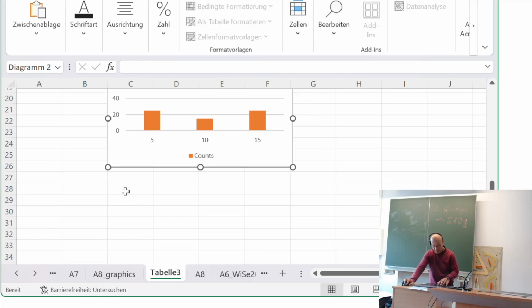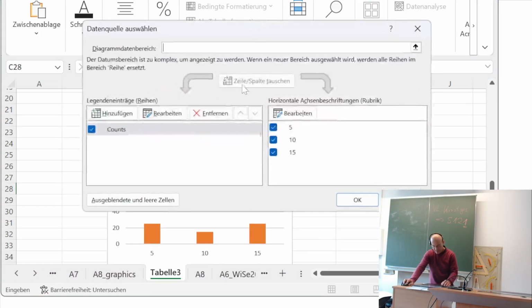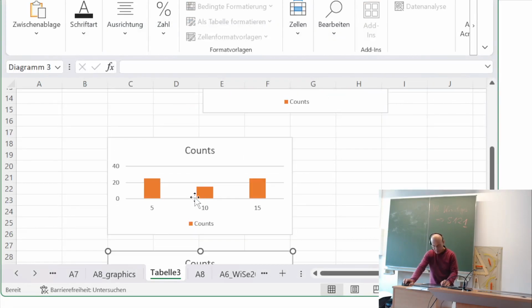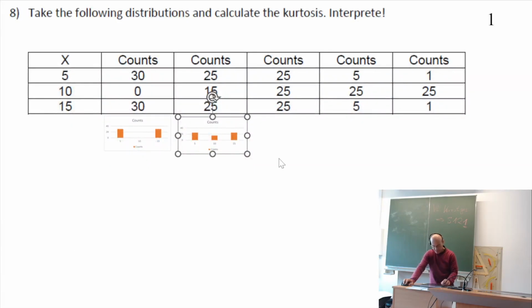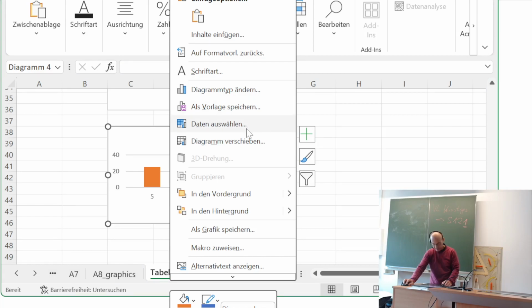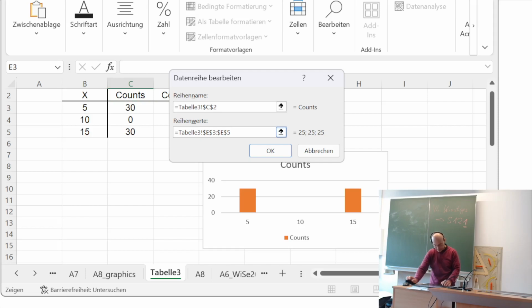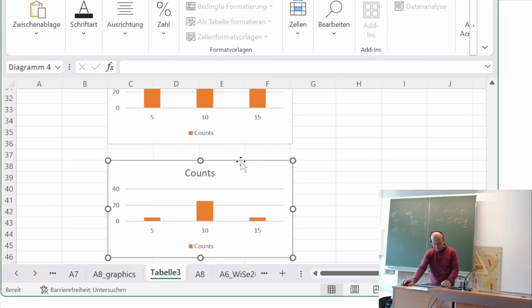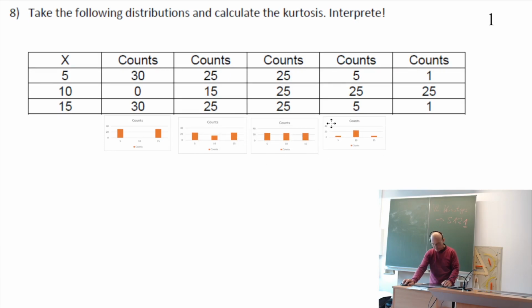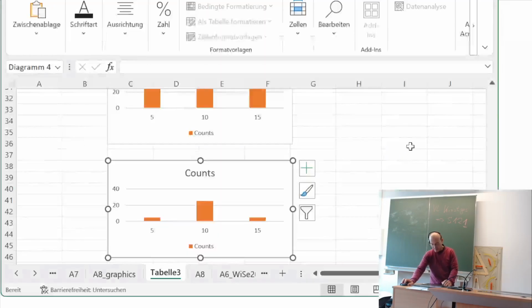So this would be E. This is just then a uniform distribution. And then F. And the last one, G.